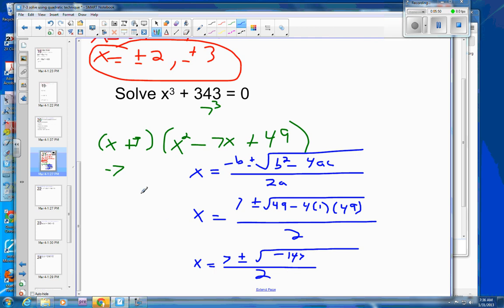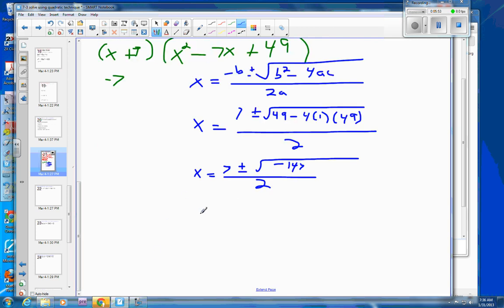And then I can reduce this a little bit. So x is going to be equal to 7 plus or minus, and then I'm going to pull the i out, and 147. 147 is actually, I believe, 49 times 3. Let's double check that one in the calculator. So 147, how did I get there? Well, 1 plus 4 is 5, 5 plus 7 is 12, and 12 is divisible by 3, so 147 is divisible by 3, and I do in fact get a 49.